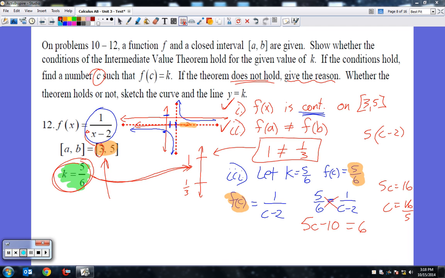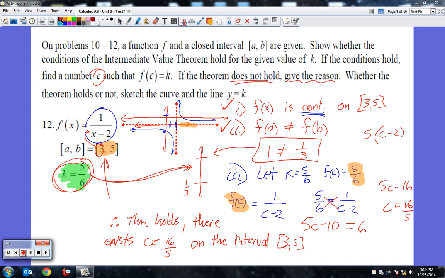And that is 3.2 or 16/5. Therefore, the theorem holds, and there exists a c value which is equal to 16/5, which is in between 3 and 5. Or you can say on the interval 3 to 5. And you're done.